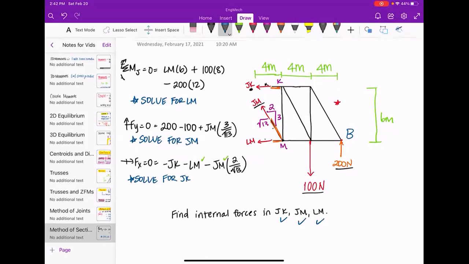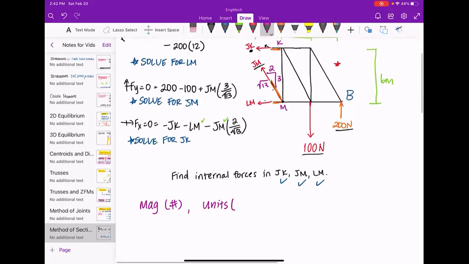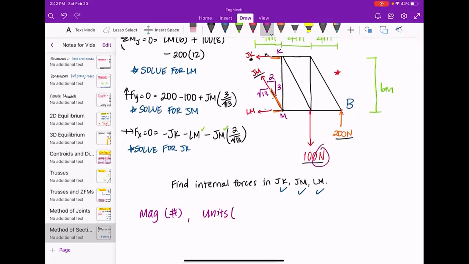And the important thing to remember is that for all of these, you have to have a magnitude, unit, and direction. So my magnitude would just be the number that I find for these values. My units are going to be newtons in this case because they're all forces.